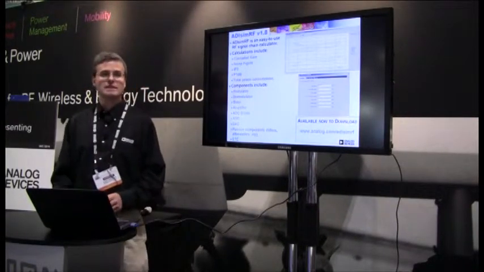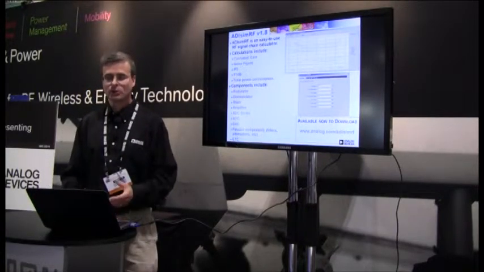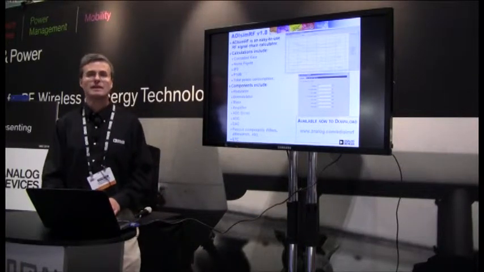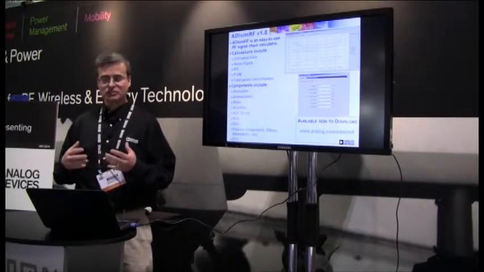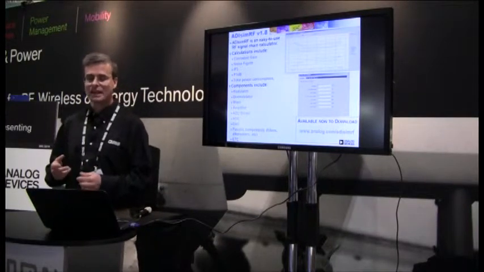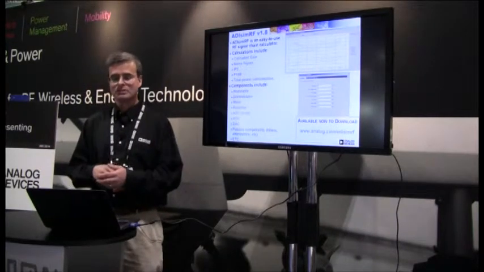Another program that is more recent, we introduced this program a couple of years ago. It's called ADI Sim RF. And what this is, it's a signal chain calculator. It allows you to simulate cascaded gain, noise figure, IP3, total power consumption.